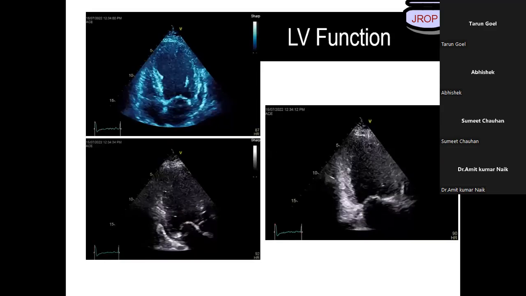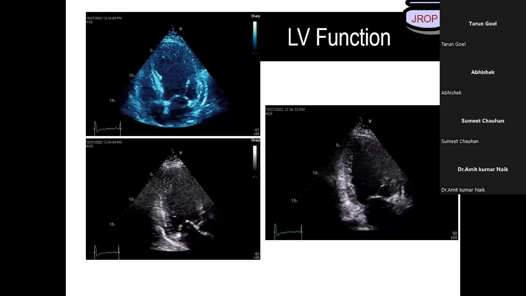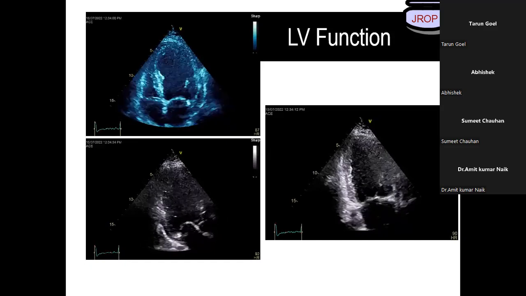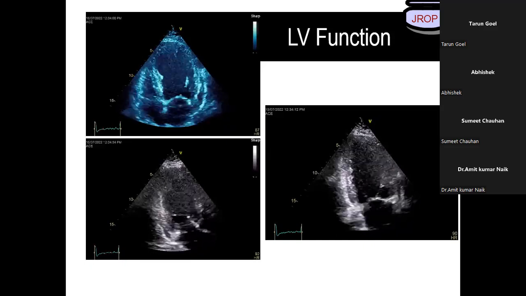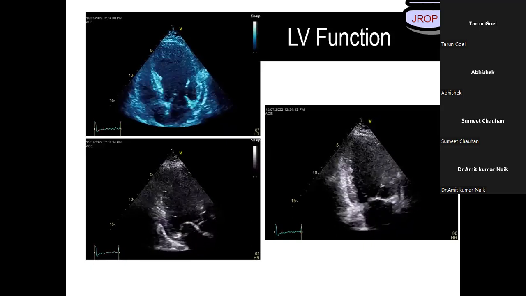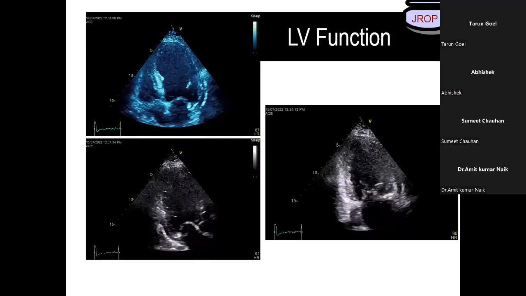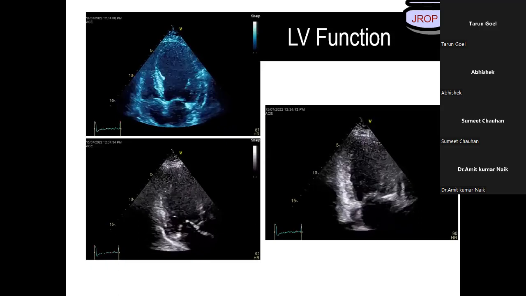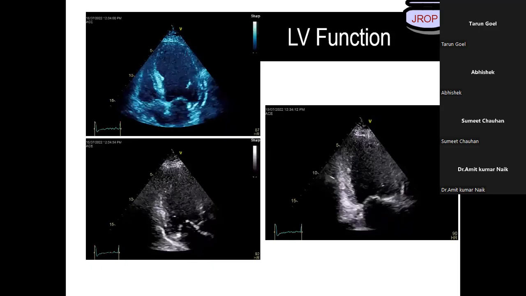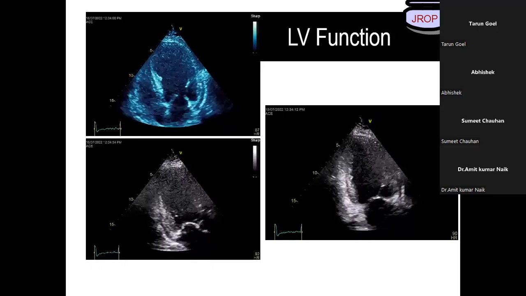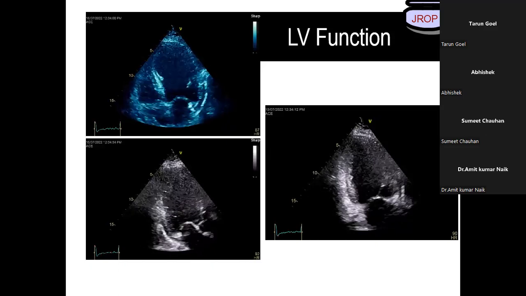All right, Sumit, wall motion abnormalities. IVS is akinetic with thinned mid and basal IVS, and the lateral wall is also thinned out.